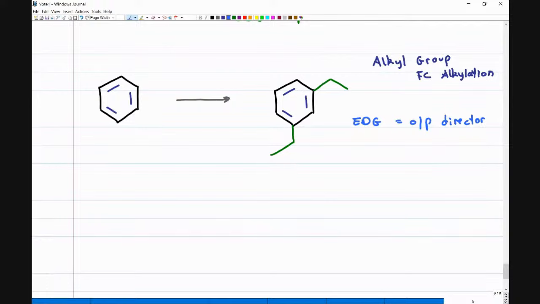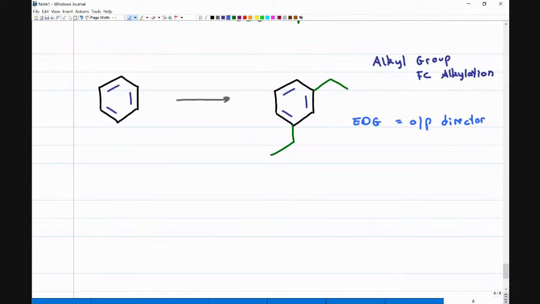Well, they're meta to each other. How do I add two alkyl groups meta to each other if they're electron donating groups? They're ortho para directing.